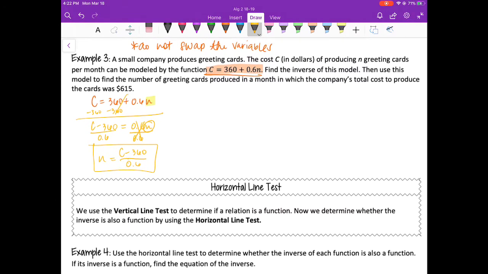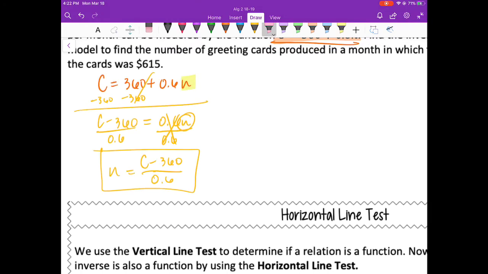Cool. Then use this model to find the number of greeting cards produced in a month in which the company's total cost to produce the cards was $615. Okay, total cost, there it is. So what we do is we swap out our cost variable with 615. Naturally, that's C for cost. So I have n equals 615 minus 360 over 0.6.